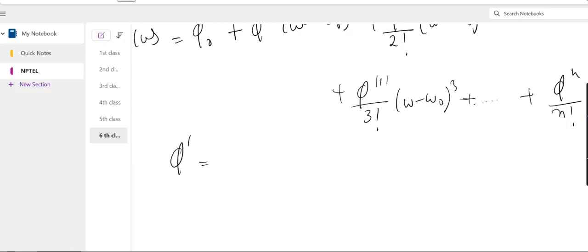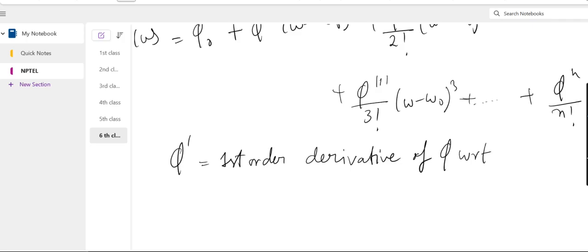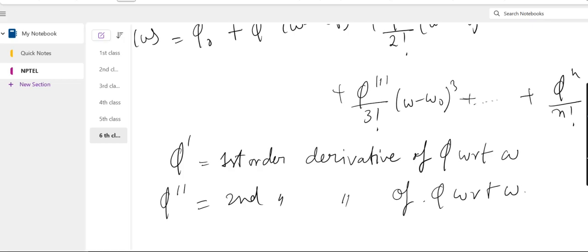Basically phi dash is the first order derivative of phi with respect to omega. Phi dash dash is basically second order derivative of phi with respect to omega, and so on and so forth.